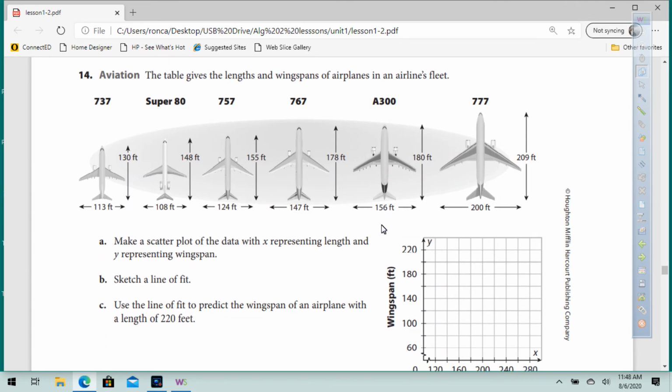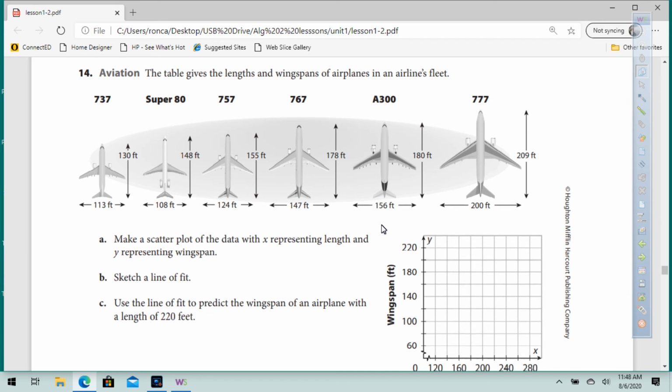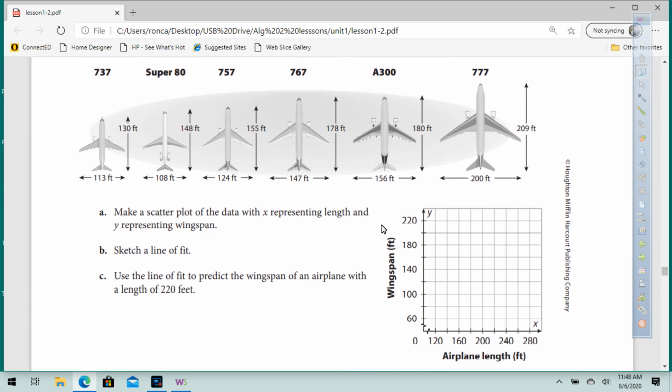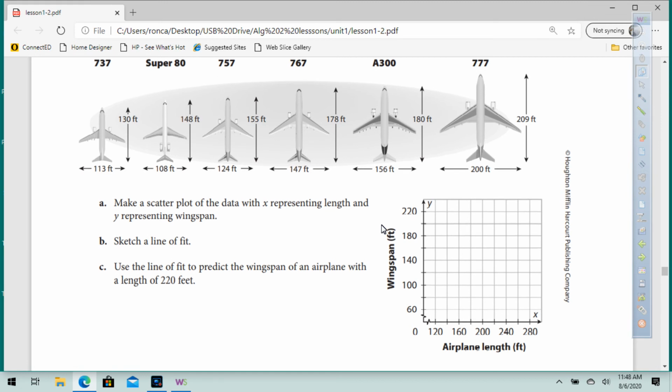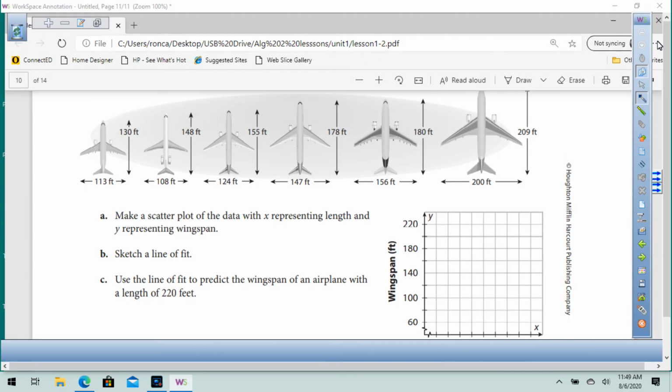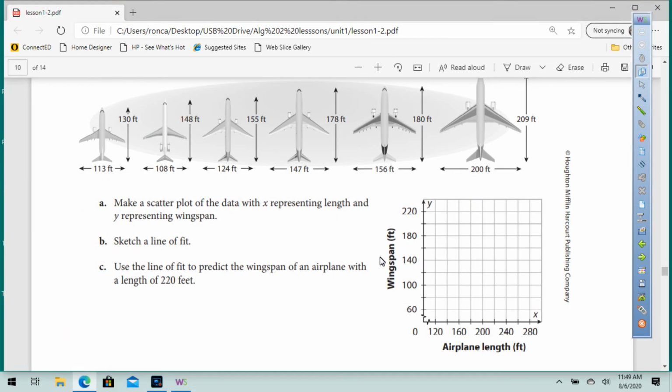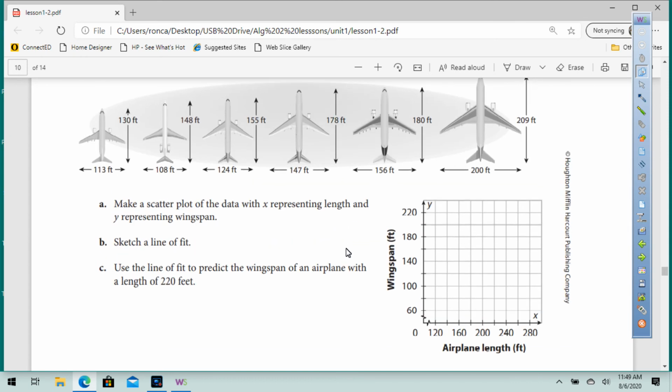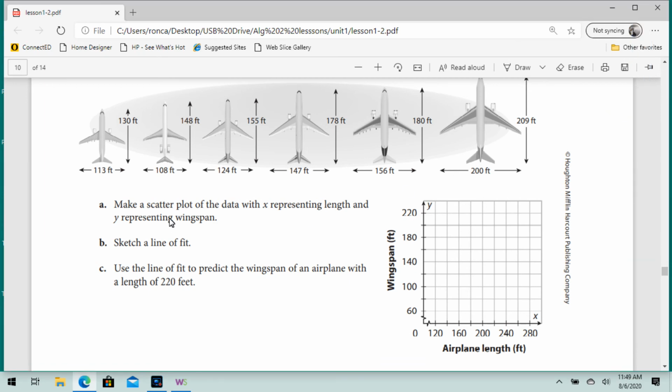Aviation. The table gives the lengths and wingspans of airplanes in the airplane's fleet. Okay. Let's take a look at it. So length is this number here.